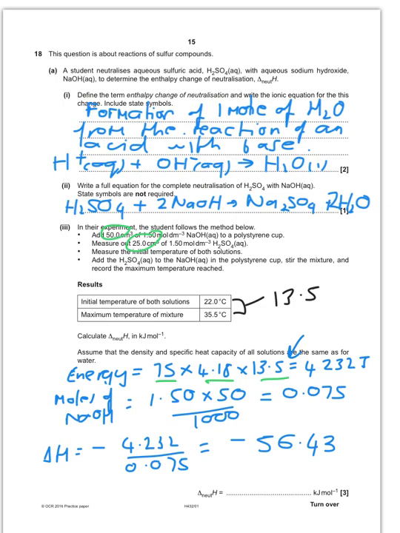It's because moles of sodium hydroxide is the same as the number of moles of water, so it just makes it a little bit easier. So by doing it per mole of sodium hydroxide, it will also give me per mole of water, which is what I want. That gives me 0.075. Convert this number to kilojoules, which I've done here by dividing by 1000, and you get minus 56.43. Remember your sign there because it's an exothermic reaction, your temperature went up.